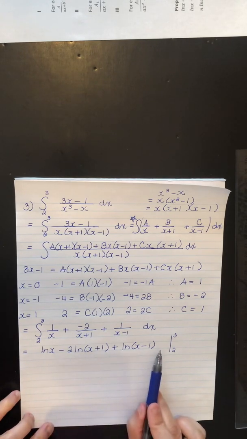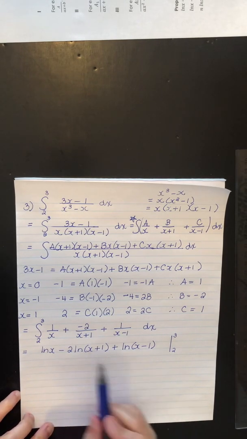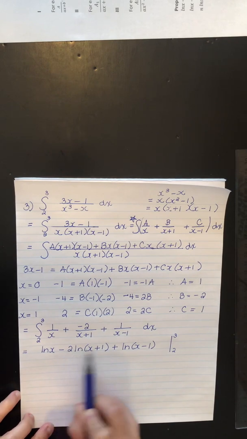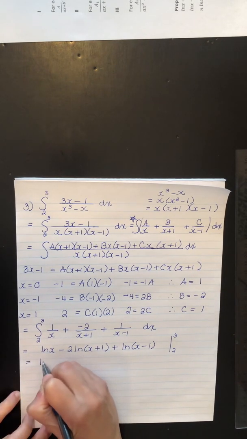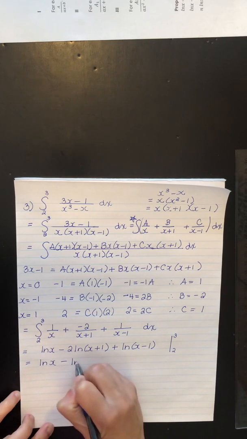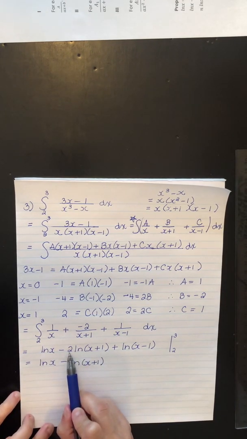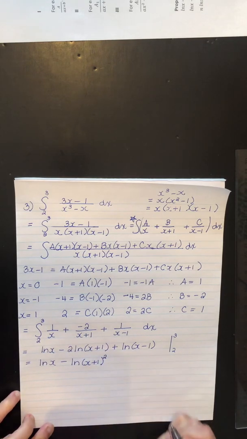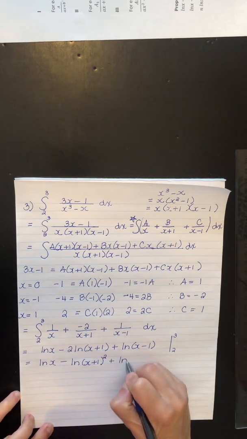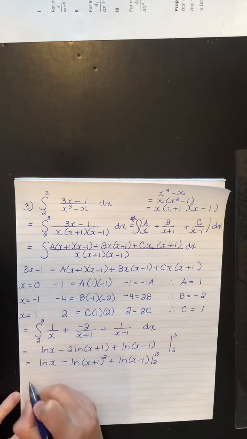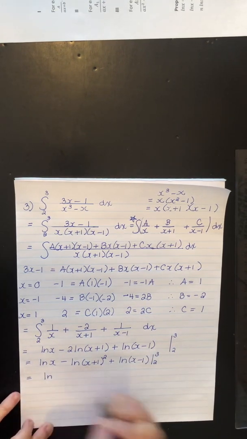We're going to combine these now. So first, we can move our exponent. We're moving our coefficient. It becomes our exponent. Combine now into a single logarithm.